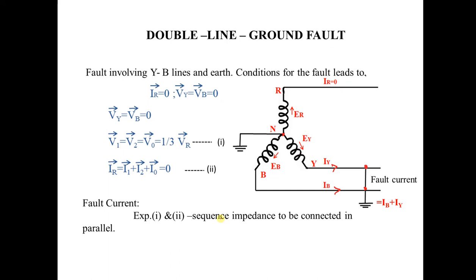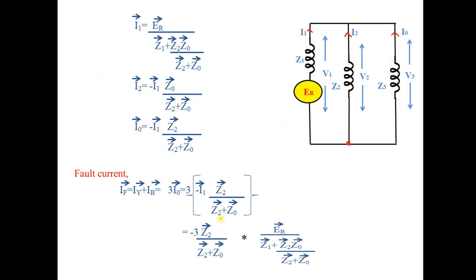So I1 will be equal to ER by Z1 plus Z2 Z0 by Z2 plus Z0. Similarly for I2, it is opposite in direction, so minus I1 times Z0 divided by Z2 plus Z0.